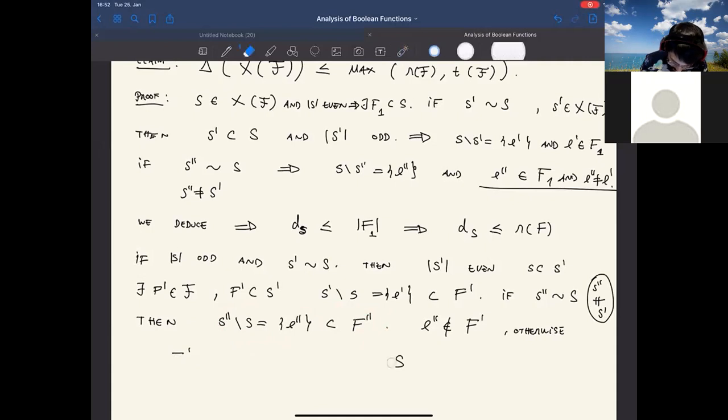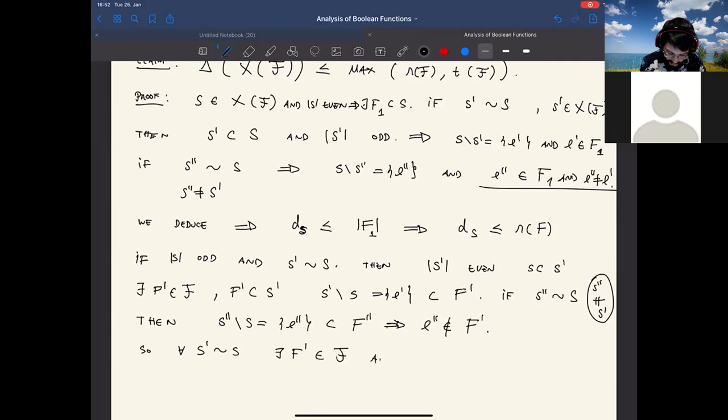Okay, so in that way, for every F prime related to F, you can associate an element of a set F prime in the family and an element L prime in there, such that this L prime is not in all the other L primes you can build up by selecting neighbors of F. Okay, so that's exactly the T of F condition we defined before.